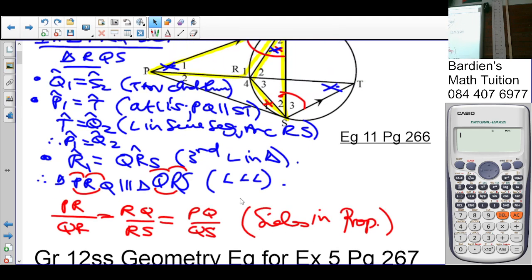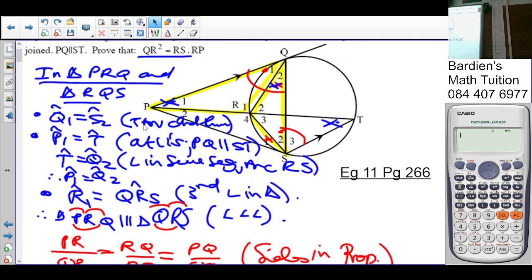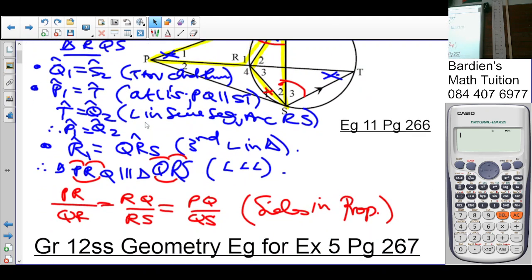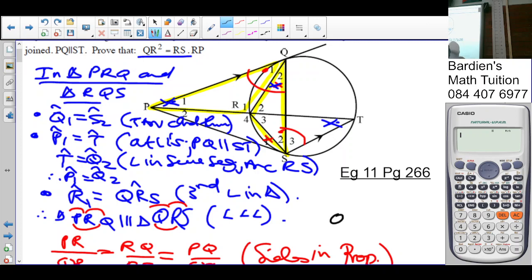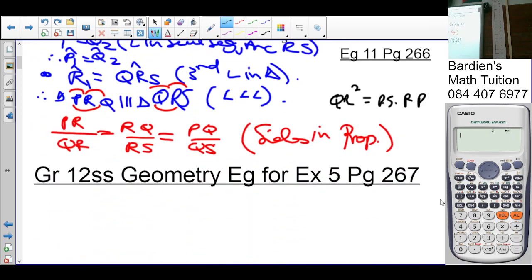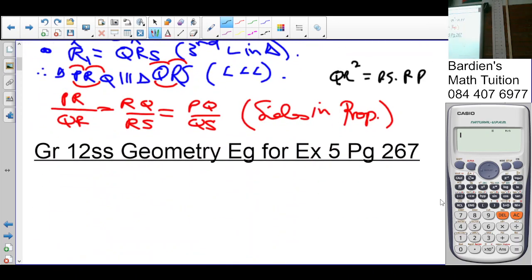So now we go back and see what they want. They want QR squared equal to RS times RP. So they want us to use two QRs. Are there two QRs? Yes.